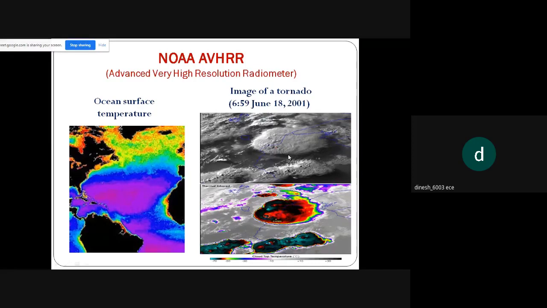So clouds which are being formed, and how they appear in thermal infrared. This left hand side is a completely separate ocean surface temperature measurement. Violet, blue, green, yellow, orange, all those things. Depending upon the variations, you can find what these are.